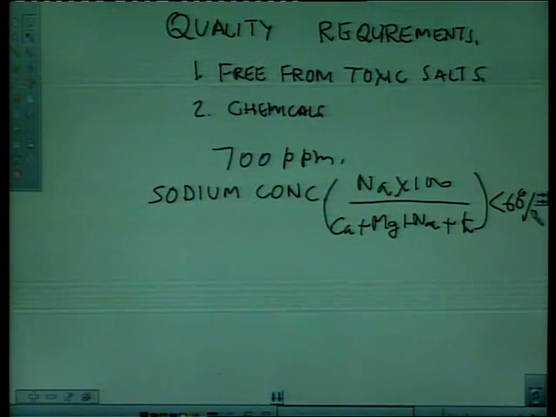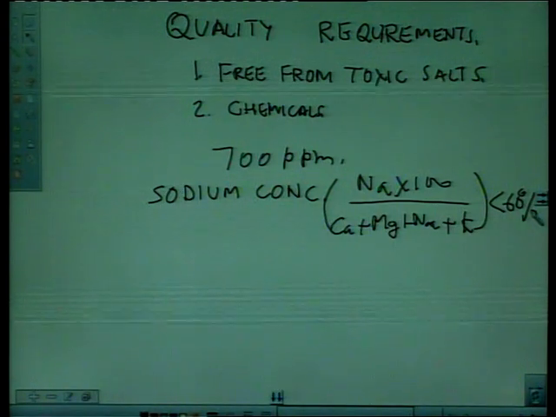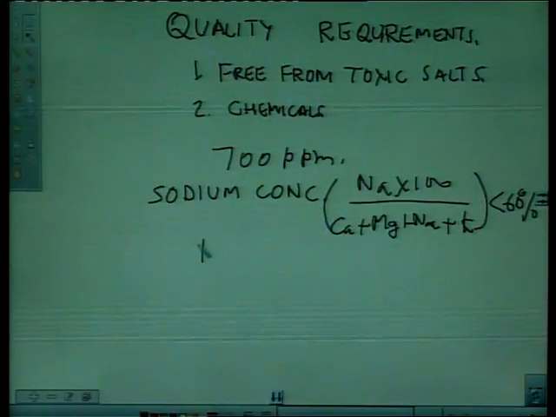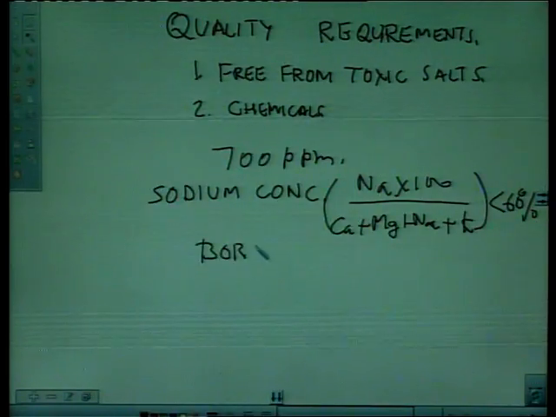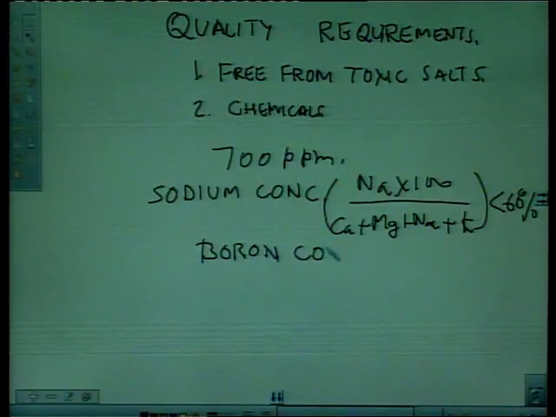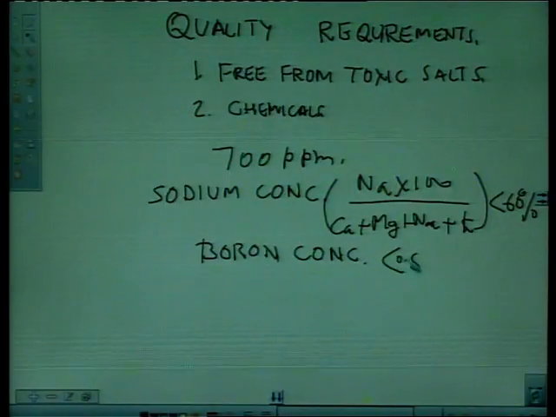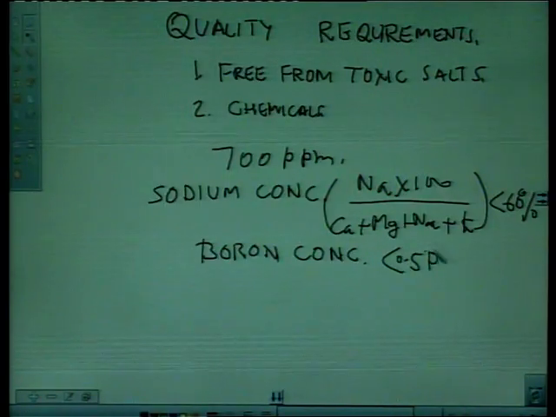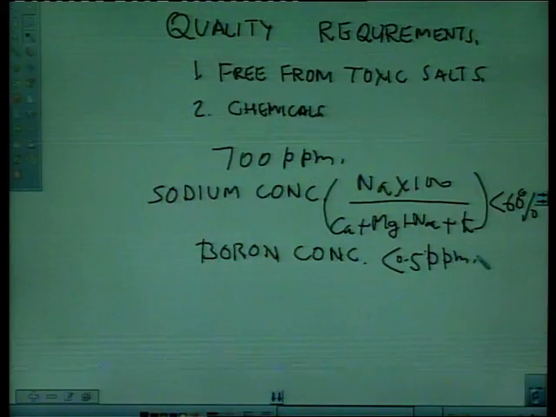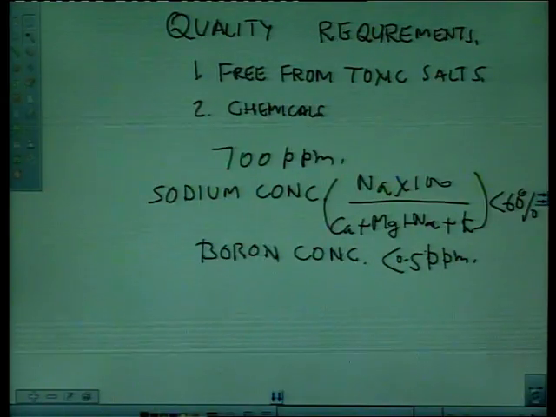Then the water is good for irrigation purpose. Then boron concentration of water should be less than 0.5 parts per million. So, these parameters should be there if you want to have a good bumper crop.